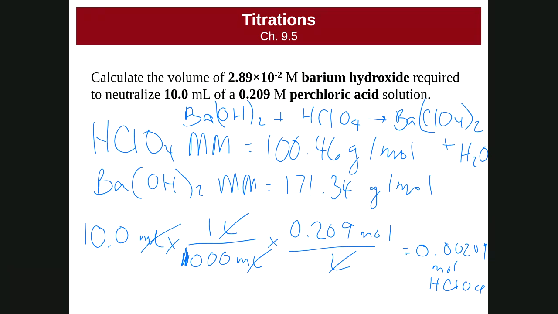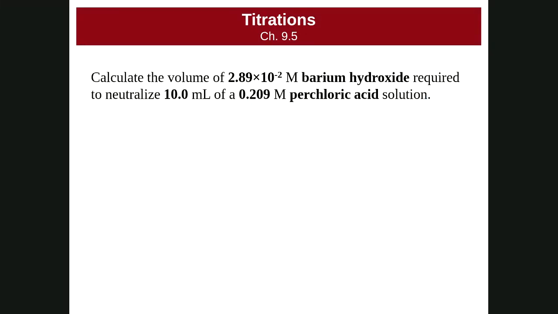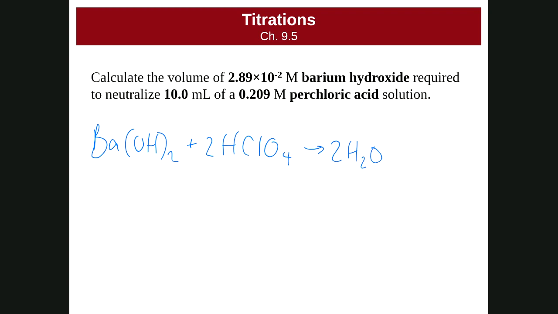We've got a 2 here and a 2 for our water. All right, so let me erase now. So we've got barium hydroxide plus 2 perchloric acids goes to 2 waters and a barium perchlorate.